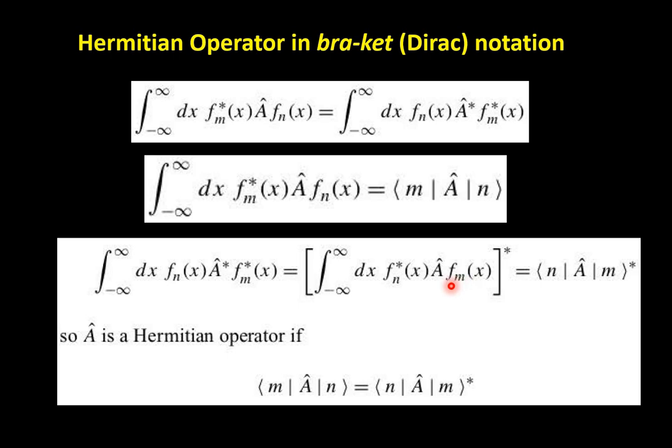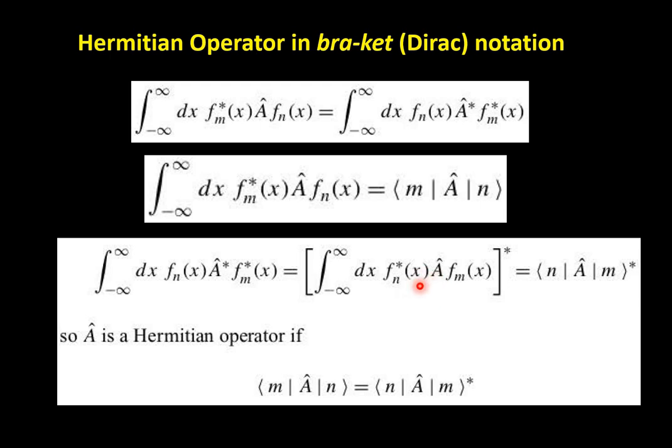So we have taken the complex conjugate of the whole thing, and if I bracket the whole thing and take star again, that is the second complex conjugation, it leaves the original left hand side unchanged.